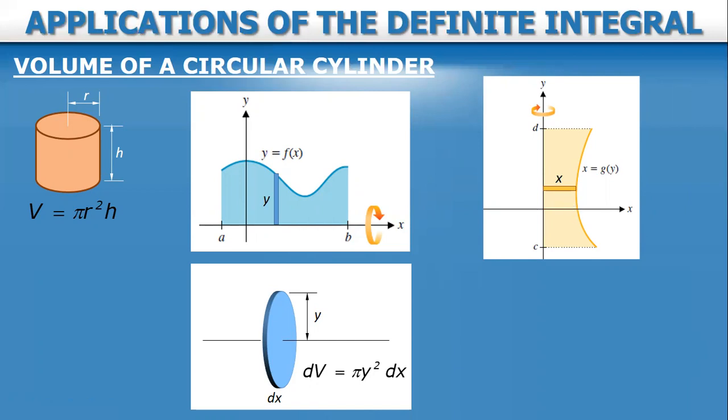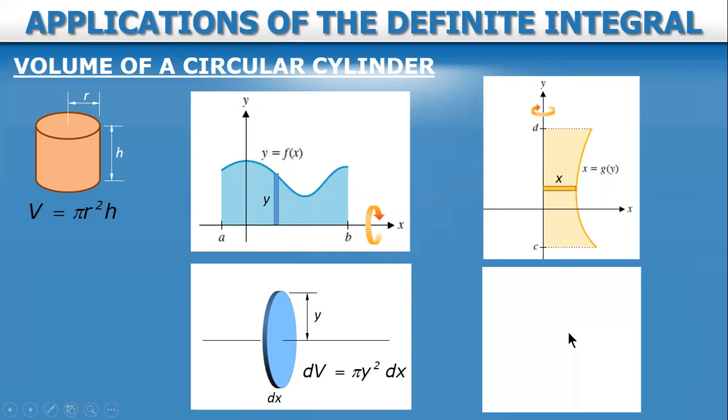You can also write x sub r. By revolving this strip, you will get this. The radius is x, the thickness is dy. Of course, the thickness here is along the vertical, so dy. For the previous one, the thickness is along the horizontal, and so we have dx. So the volume dV is pi r squared times thickness.